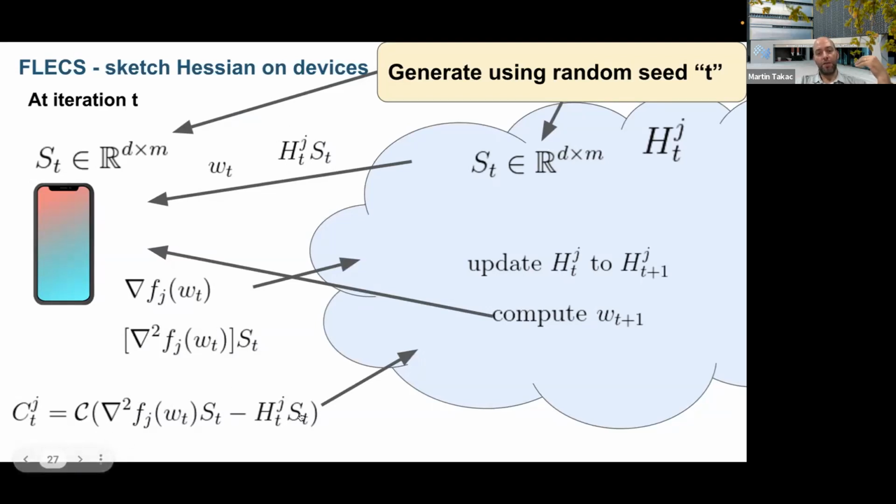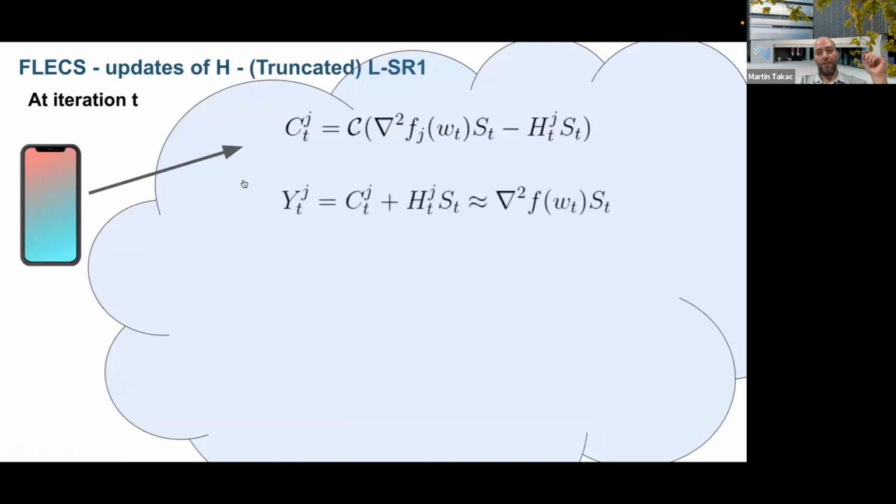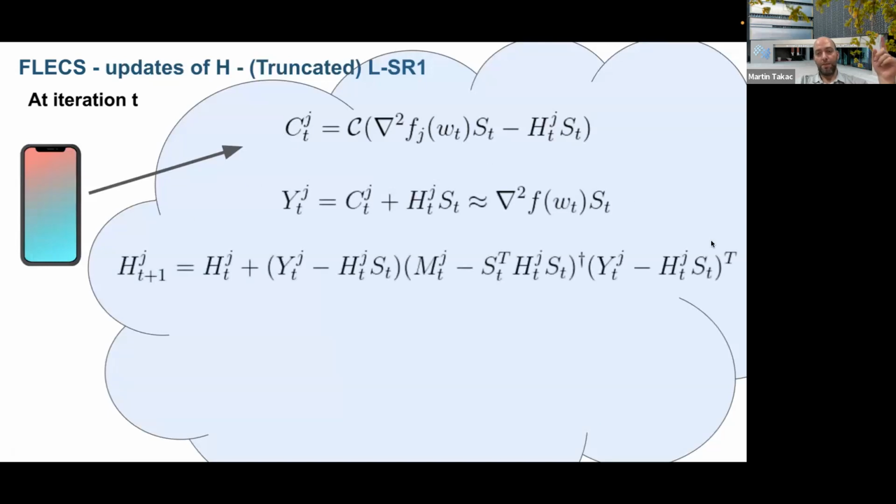So after this one update, he's adjusting his Hessian estimates such that if I multiply this Hessian estimate by the same vector S, I will get the perfect answer if there's no compression. If you multiply this one by S^t, you will really get Y^t, because this is the block S7 update. That's how it is defined, okay?